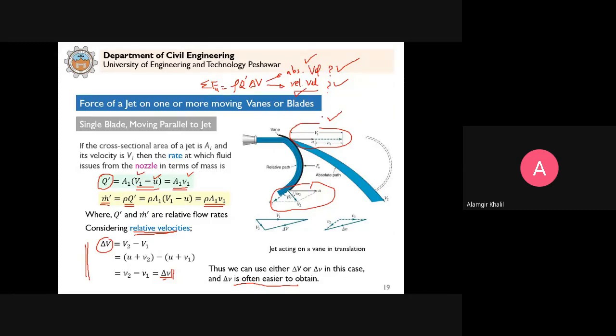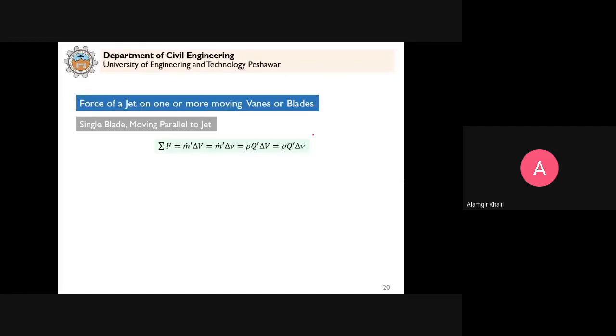So now that we know the basic concepts, we can easily solve a problem. Clear? For a single moving vane, the summation of forces is equal to rho Q dash delta v.